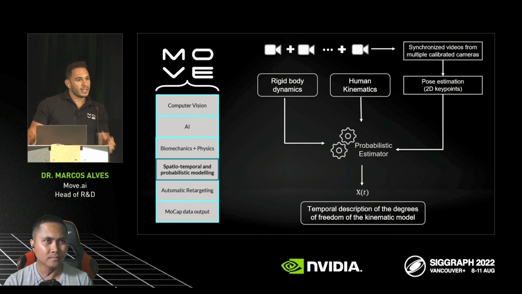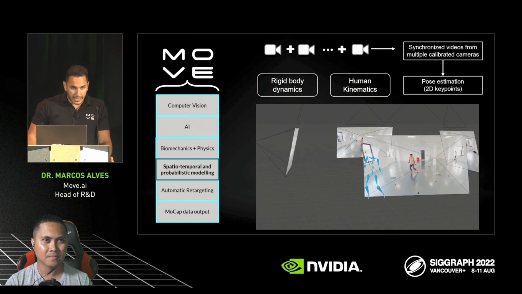And all of this information gets fed into a probabilistic estimator. So the pose estimation data drives the kinematics and the rigid body dynamics as well. The output of our probabilistic estimator is the temporal description of the degrees of freedom of this kinematic model. So you can see here an example.